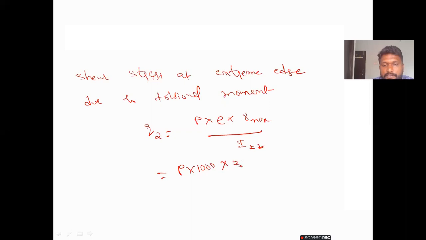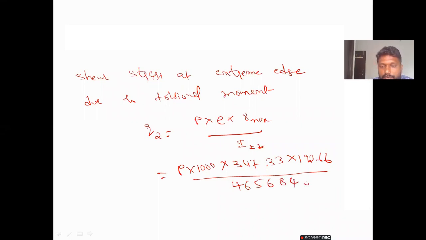The eccentricity we already calculated, 347.33, and R max equal to 192.66 by Izz. We calculated the value for the Izz is 46568480. So once you calculate this one, the shear stress at the extreme edge due to the torsional moment, we will get 1.4370 P Newton per mm square.